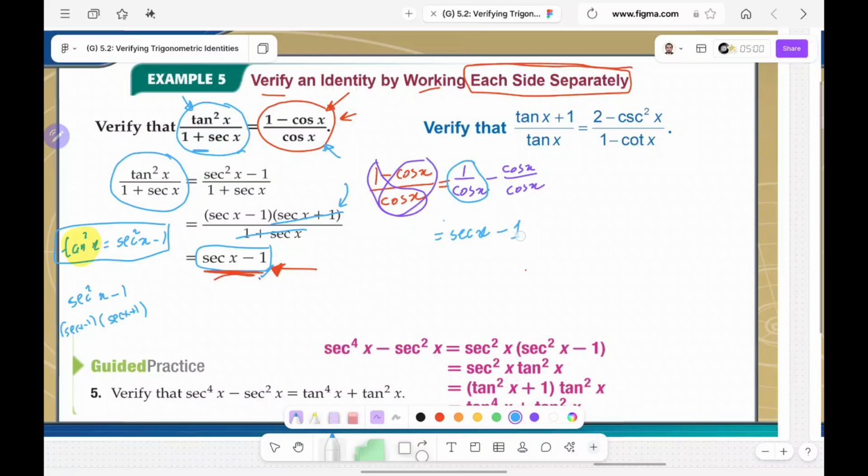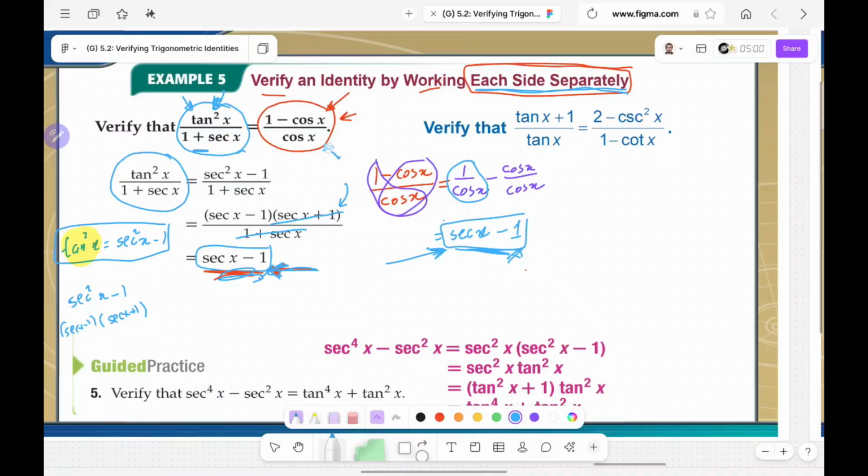Cosine over cosine is equal to what? 1. So do you see here? I reach the same one on the right side. So now from here and here, both of them reach the same answer. So this will be your final answer. That's why you need to work on each side separately. You work on the left side, reach two steps similar to this.